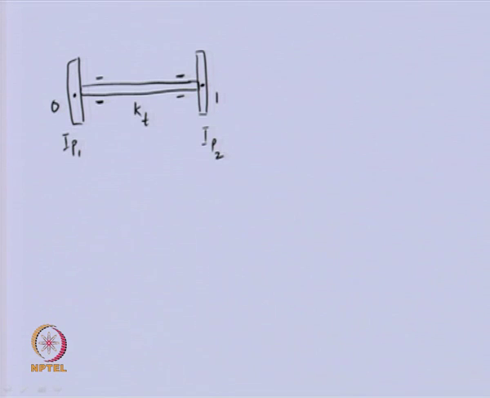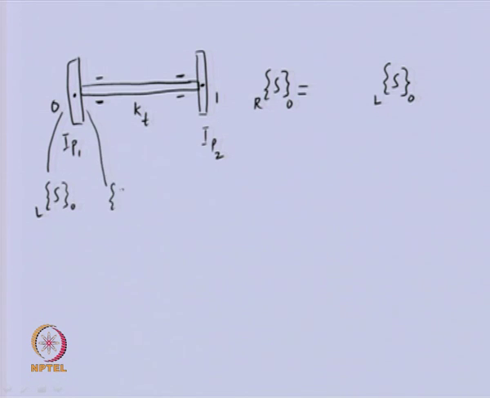We have the state vector at station 0, that means left of disc 0, and we want to obtain the state vector right of station 0.